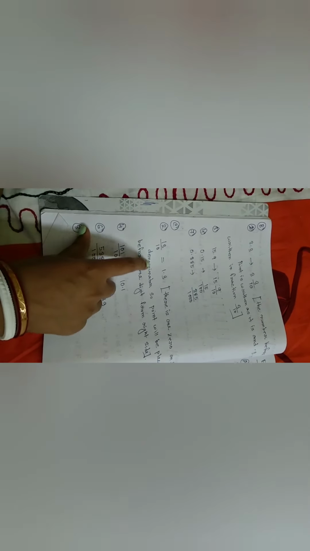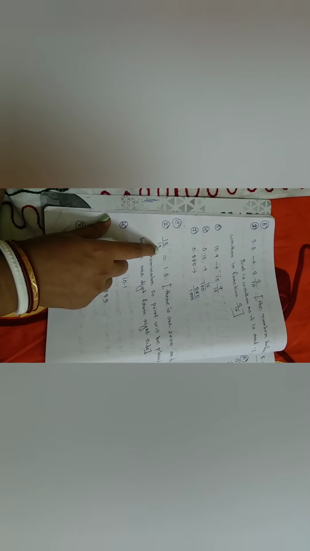Now see, there are some fractions you have to convert into decimals. As I told you, according to the denominator we will place the point. So 13 by 10, that means there is one 0 after 1, so there must be one digit after the point, so 1.3.